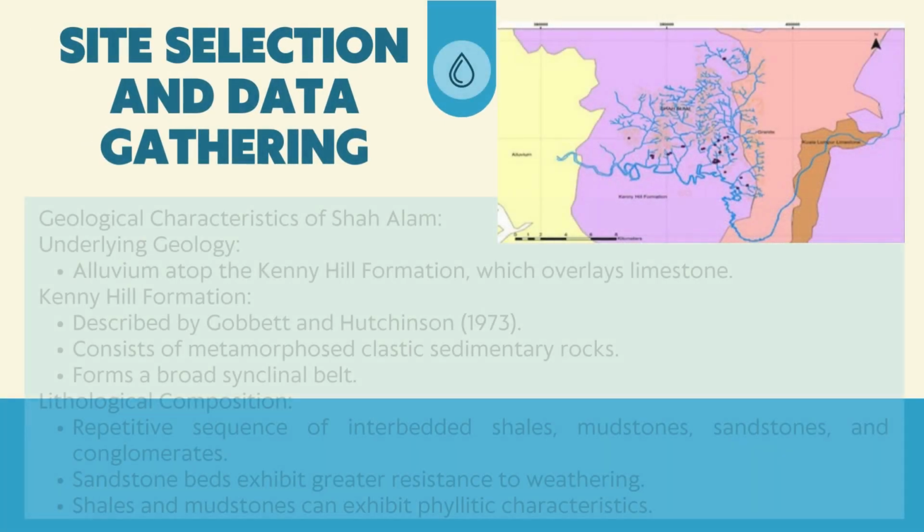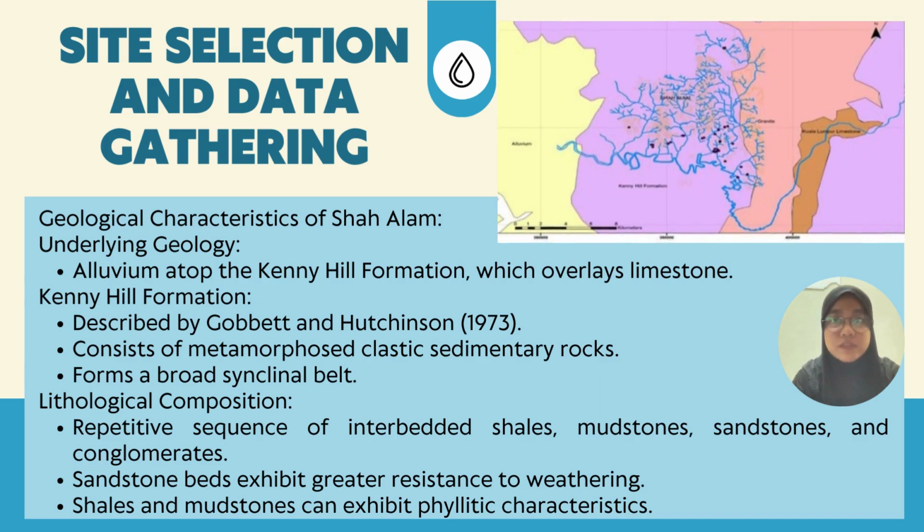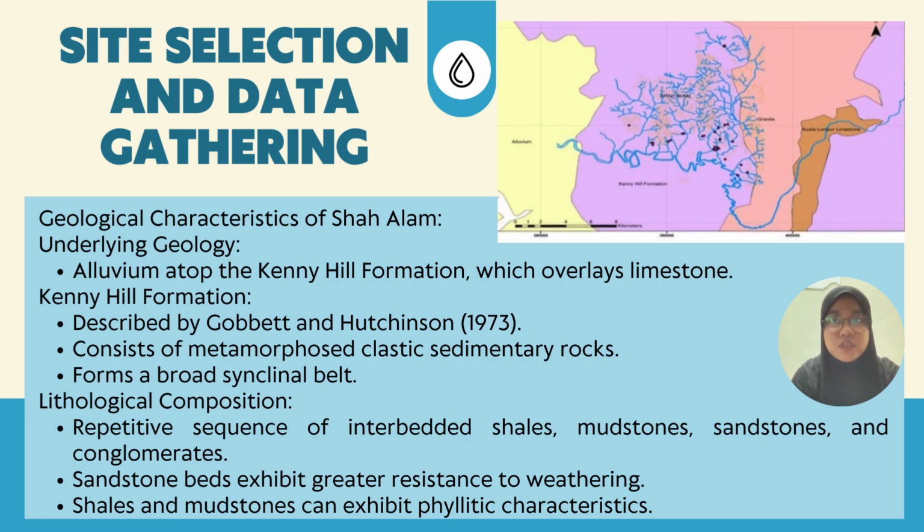The Shah Alam area is characterized by an underlying geology of alluvium atop the Kenny Hill Formation, which in turn overlays limestone. The Kenny Hill Formation consists of metamorphosed clastic sedimentary rocks, as described by Gobbett and Hutchison in 1973.